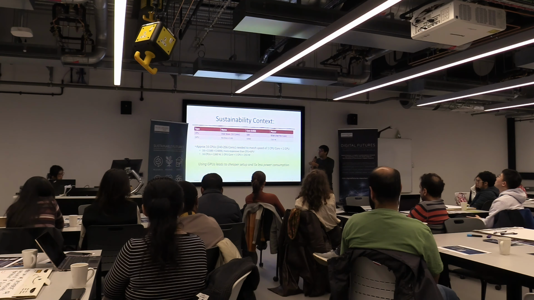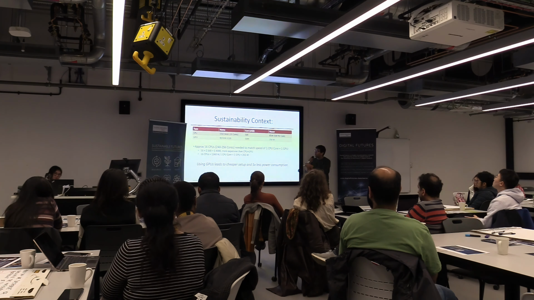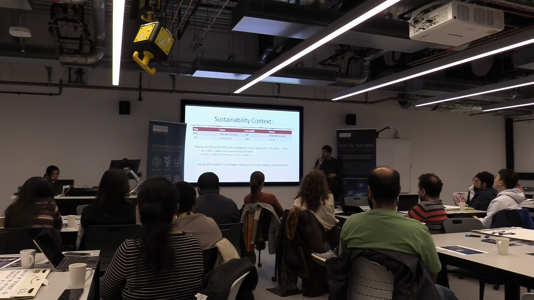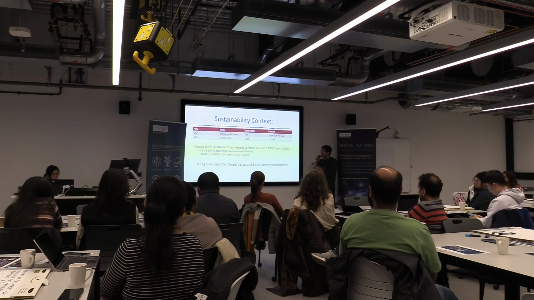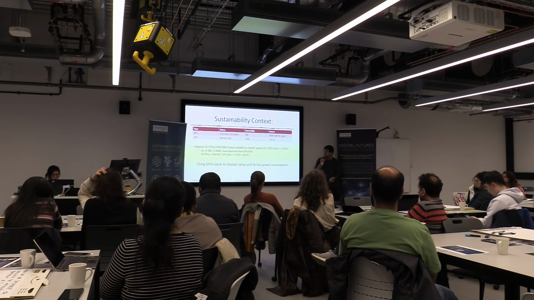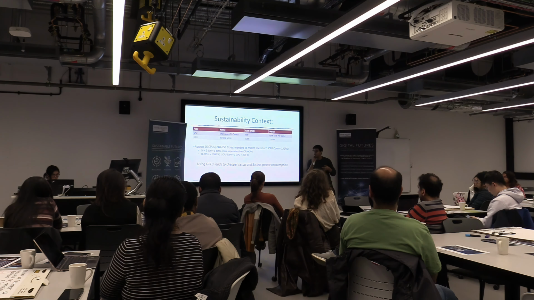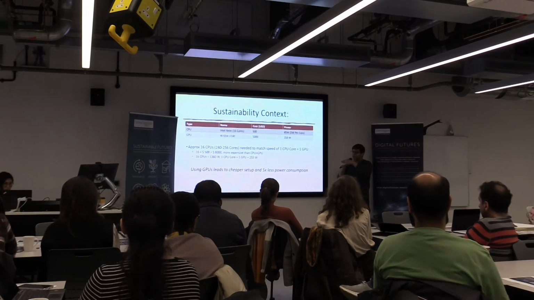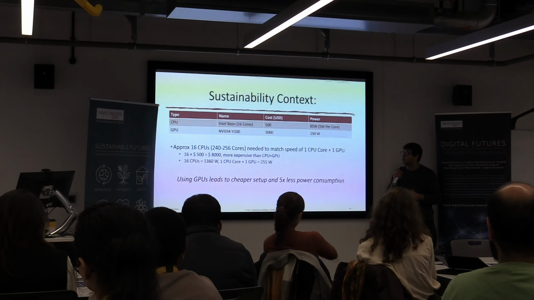If an Intel chip has 16 cores inside, it will be much cheaper to have one GPU and a small chip than 16 CPUs. Most importantly, when you look at the power consumption, you're reducing it by 5 times. You're saving a lot more electricity, and going back to our original graph, coming back into that sustainable budget border.